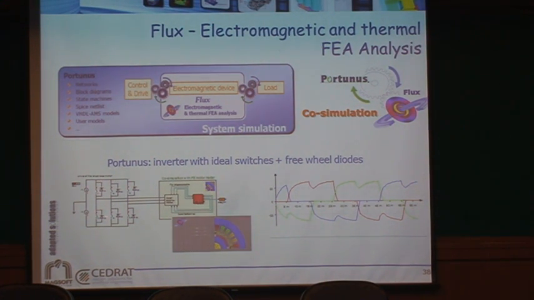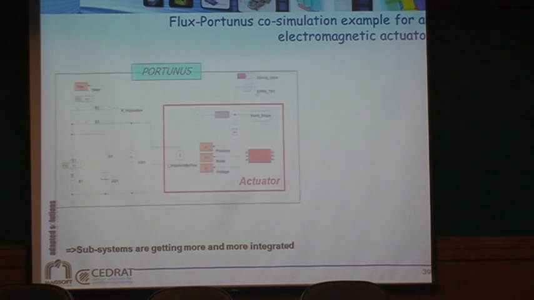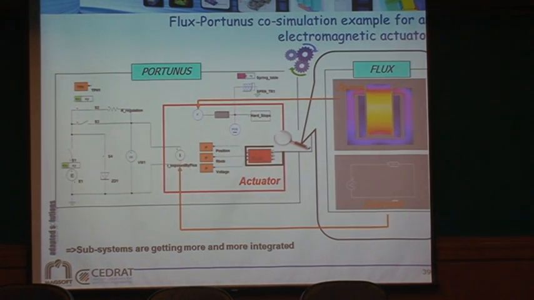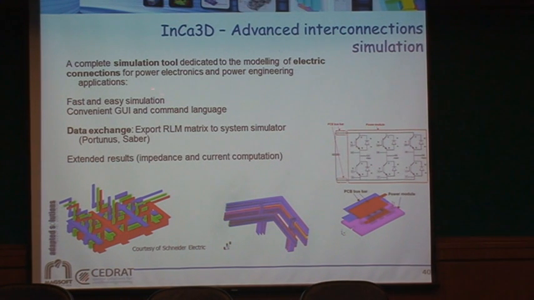Connection also to Inca. It's basically exporting a net list from Inca. For example, we have the net list of this full bus bar and power module together. We can compute it in Inca, get it out in Portunus, and do a system simulation with it.